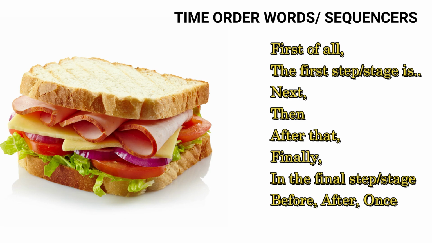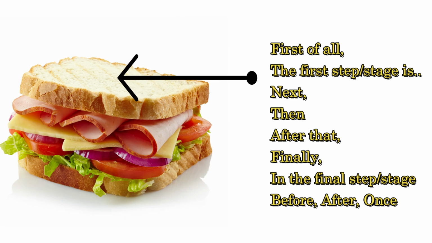After that, we can put some cheese on top of the onions. Then before we put the final bread on top of everything we have done, we are going to put some meat or ham on top of the cheese. Once you put the final bread on top of the ham or the meat, finally we can eat our sandwich. So that is very easy, right, how to make a sandwich.